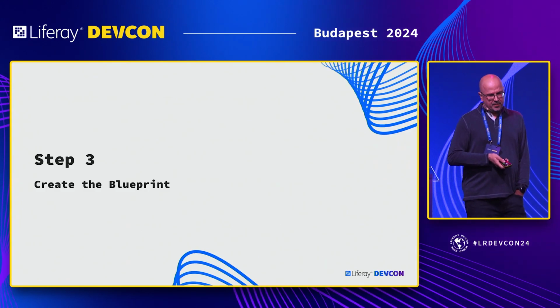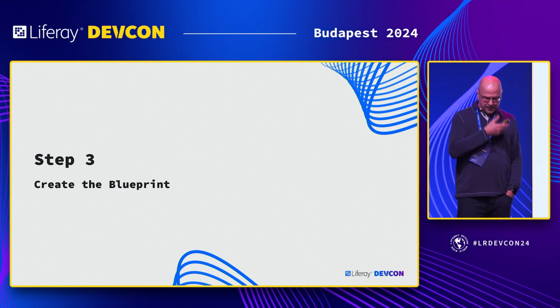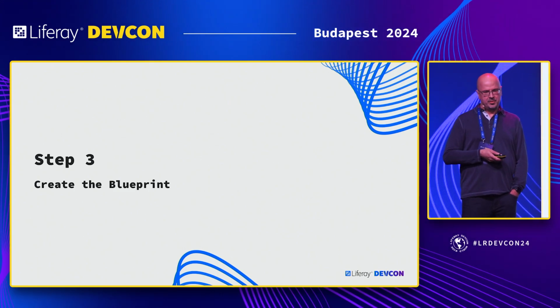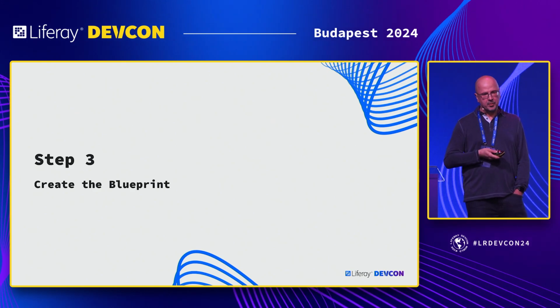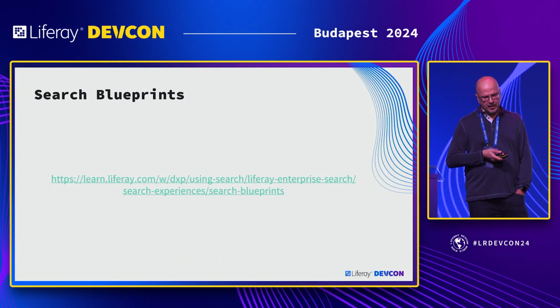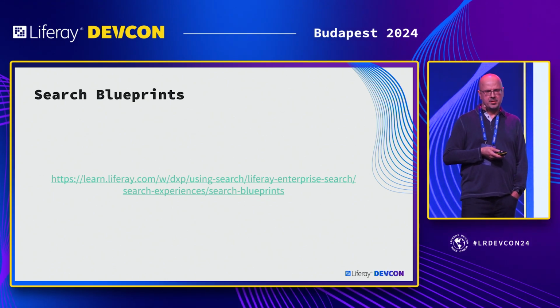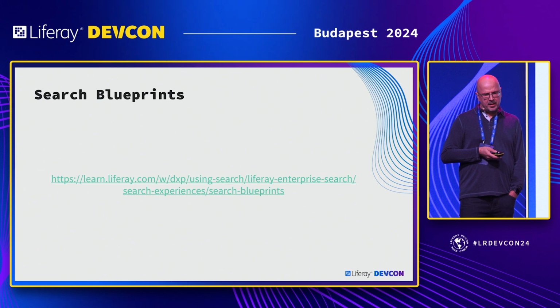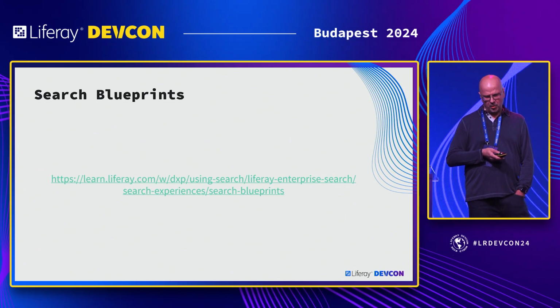The next step is to create a search blueprint. In order to use semantic search, you have to create a blueprint. That is a requirement. In case you're not familiar with search blueprints, we have pretty comprehensive resources on learn.liferay.com.